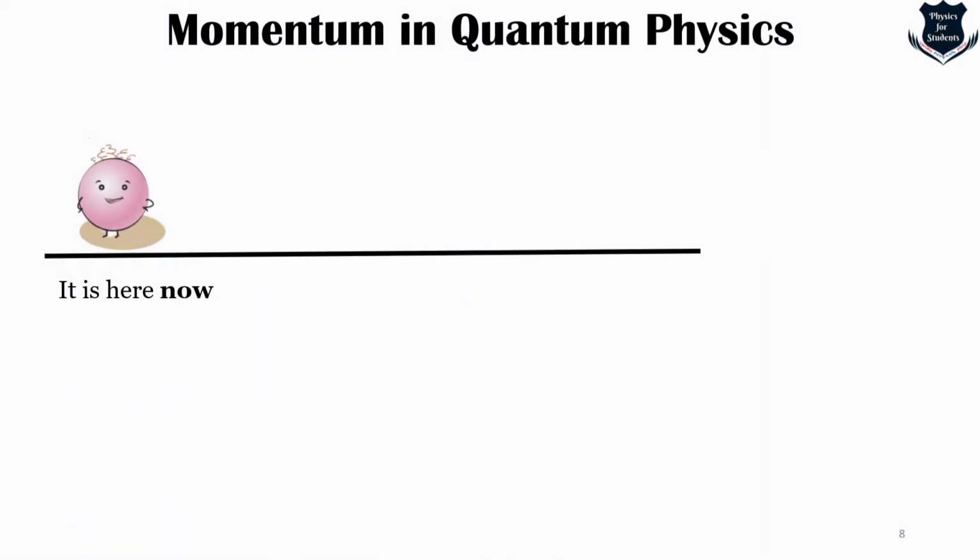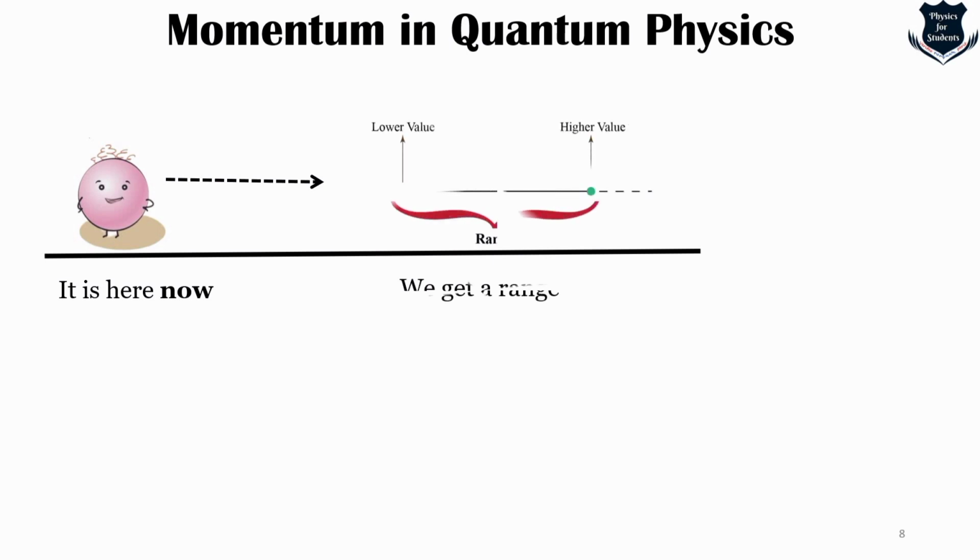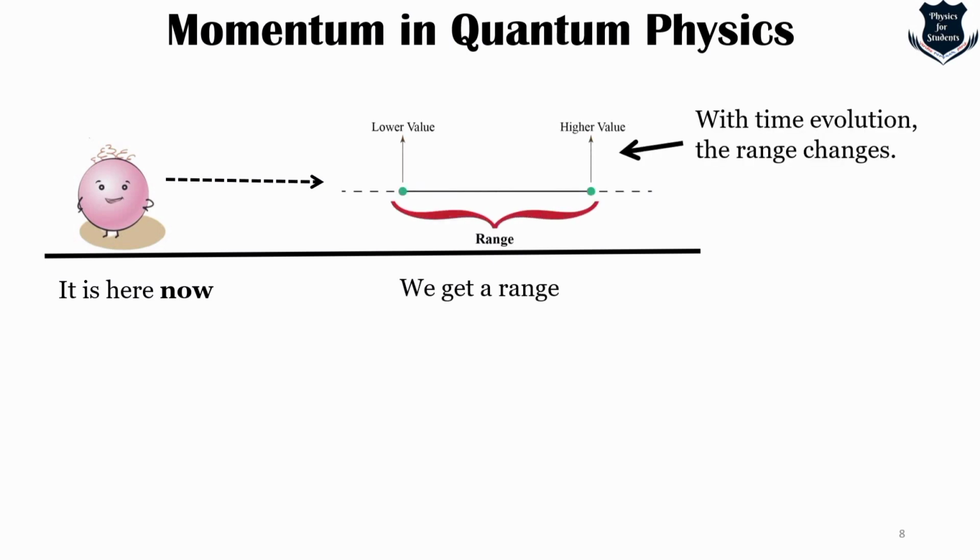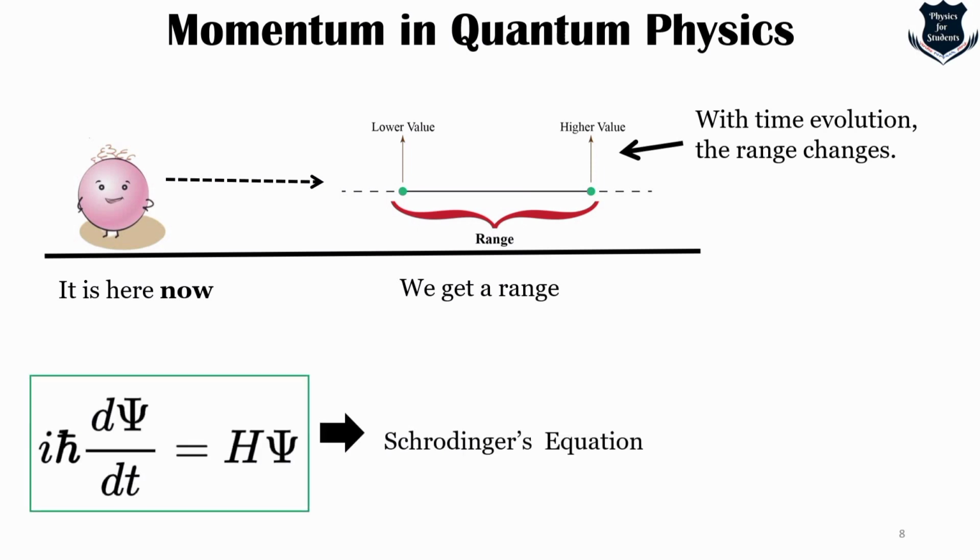So if it is here now, we also know that the wave function over time, if I pass the time, the wave function or the range also changes. So we get a lower range, we get a higher range, and with time evolution the range changes, and this is being guided by Schrodinger's equation. The Schrodinger equation, which is the pivotal force around which the entire realm of quantum mechanics flows, gives the time evolution factor.